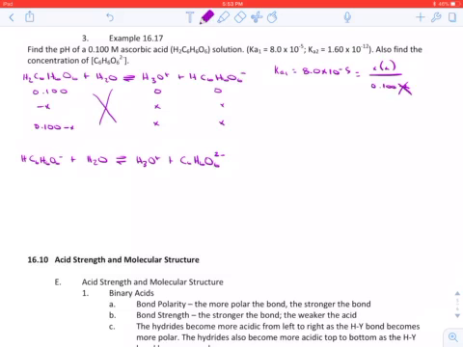And times 0.1, and then we're going to take the square root of that, which should give us x's value, and this first one is going to be 0.002828. So that's our value for x.